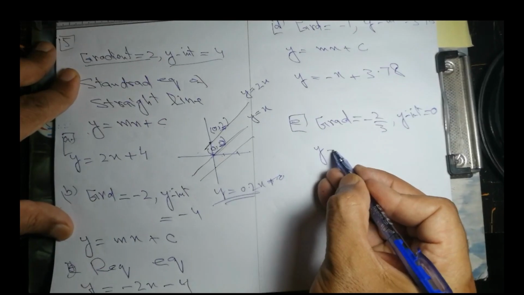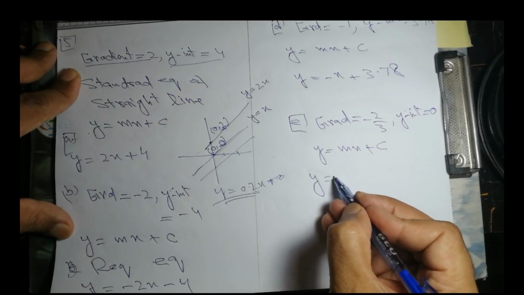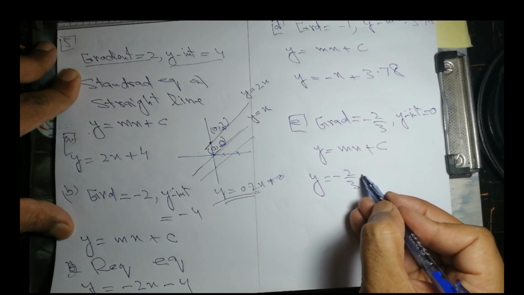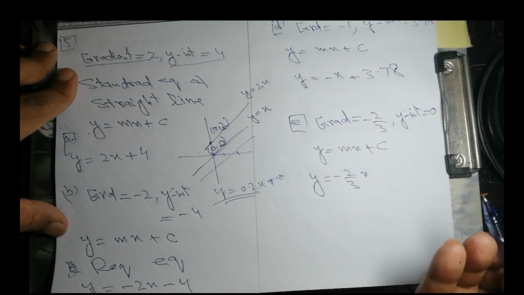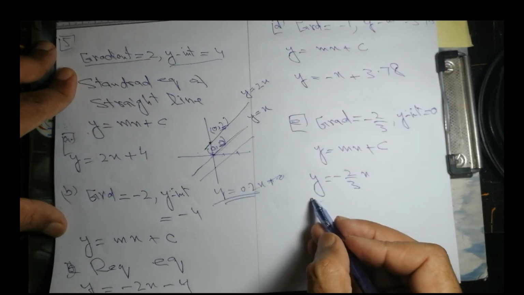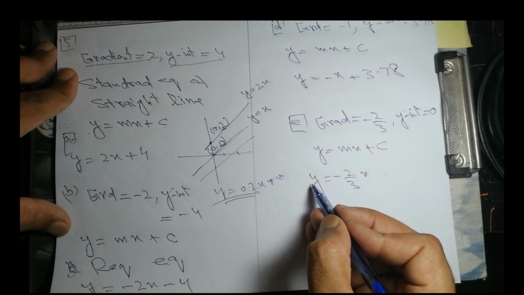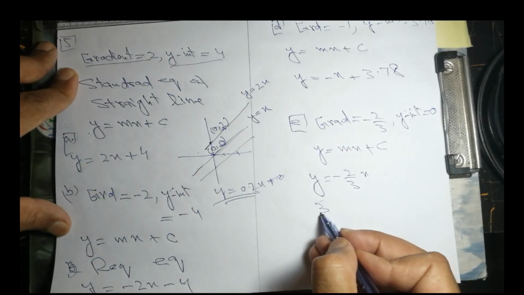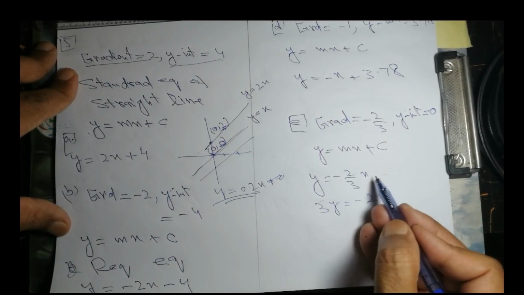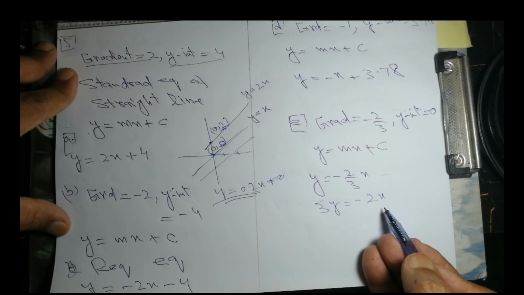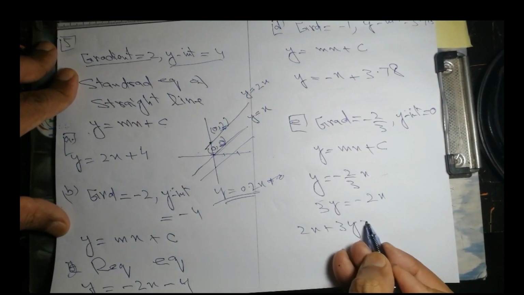So y equal to mx plus c, y will be equal to minus 2 by 3 x plus c, which is 0, so no need to write. This is the equation of the required line. Or if we multiply both sides by 3, 3y will be equal to minus 2x, or we can write 2x plus 3y equal to 0.